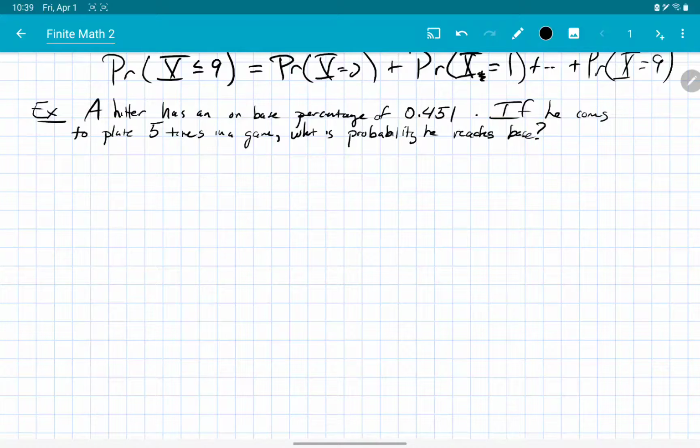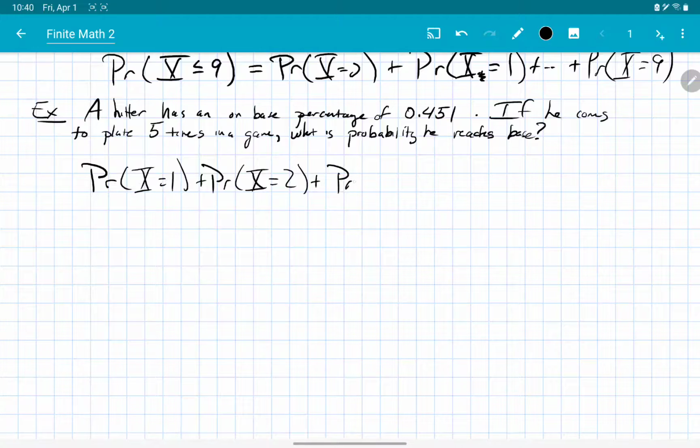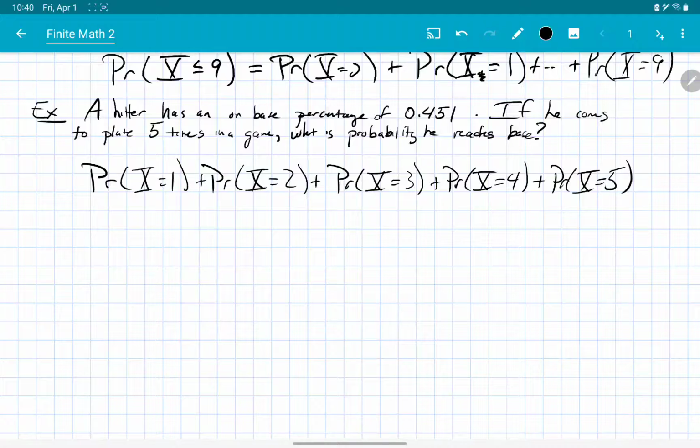So the actual answer to this problem is going to be the probability that we have 1 success plus the probability that we have 2 successes plus 3 successes, 4 successes, and 5 successes. This would be reaching base once, and this would be reaching base all times.